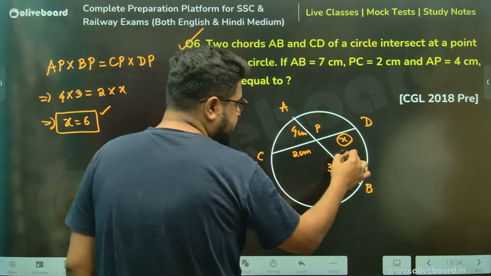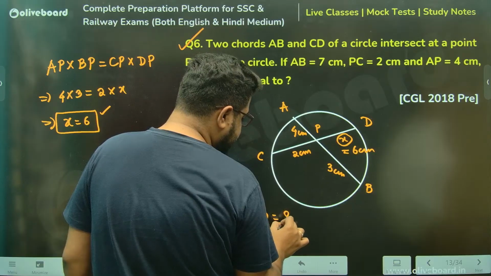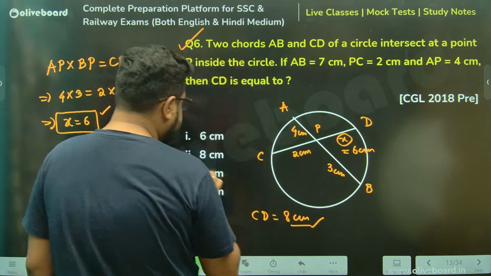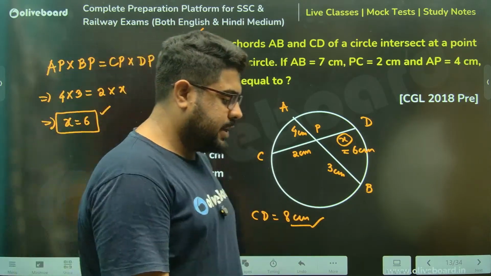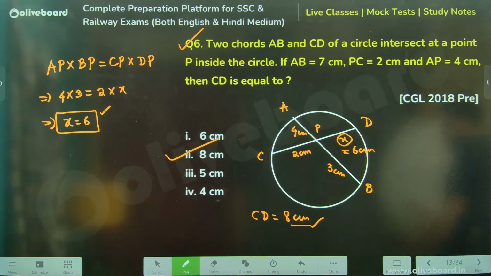So this is 6 centimeter. So CD will be 2 plus 6, which is 8 centimeters, which is option number 2. Naresh, gadbar ho gaya bhai. Naresh, make sure. So this answer comes out to be 8 centimeters.